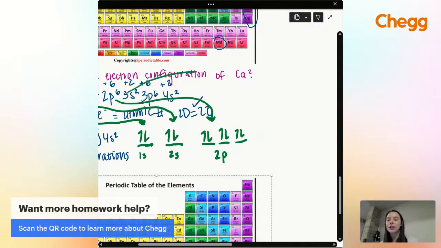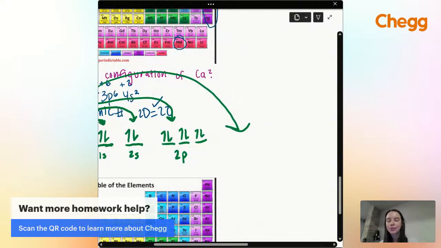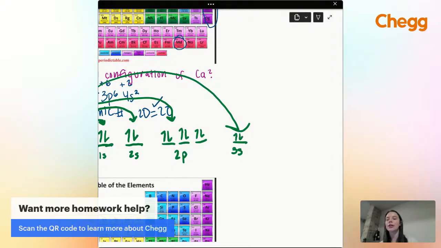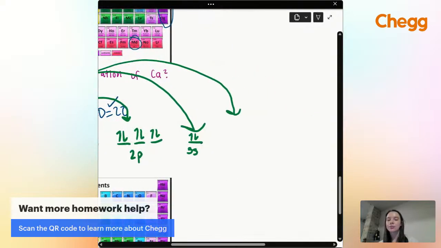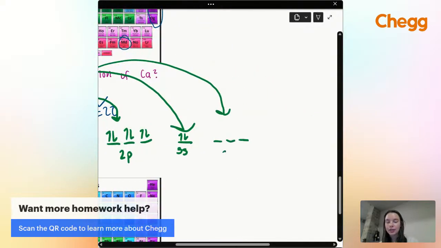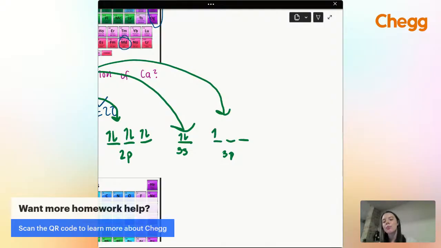Next is 3s2. So we have our 3s orbital, 1 subshell, 2 electrons, so up arrow, down arrow. Then we have 3p6. So 3p, 3 subshells, 6 electrons: up arrow, up arrow, up arrow, down arrow, down arrow, down arrow.